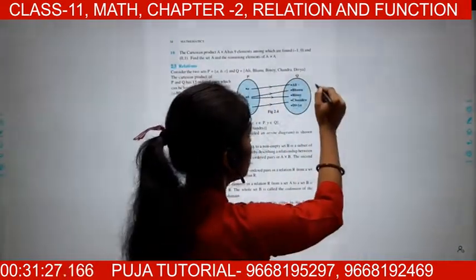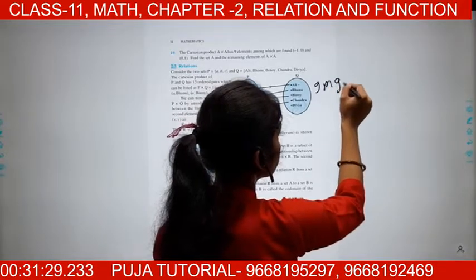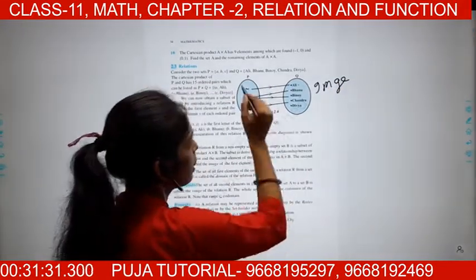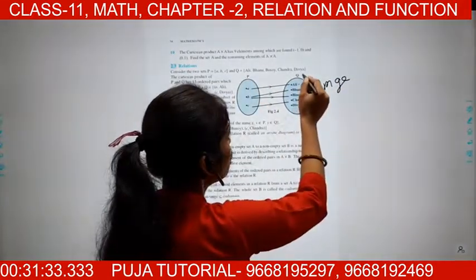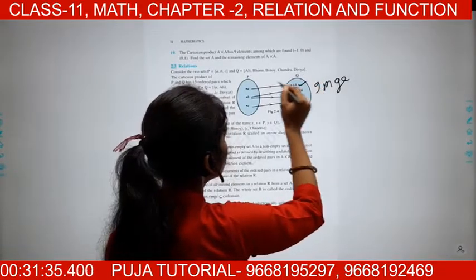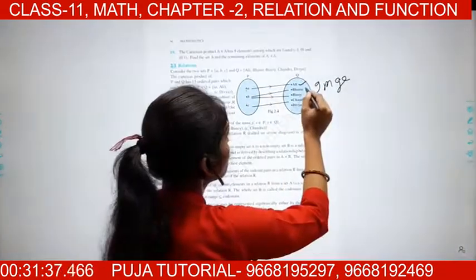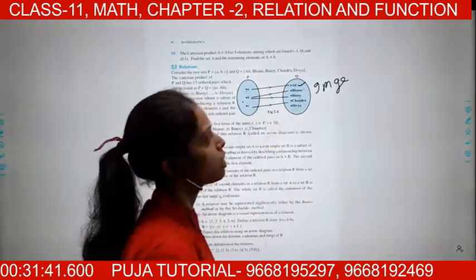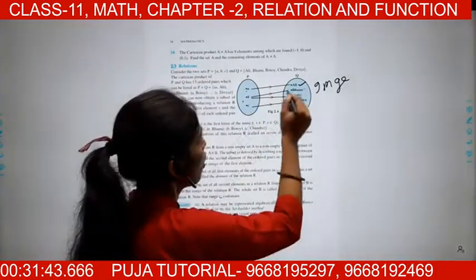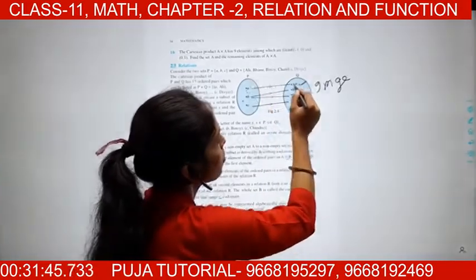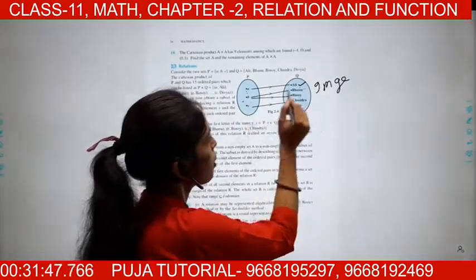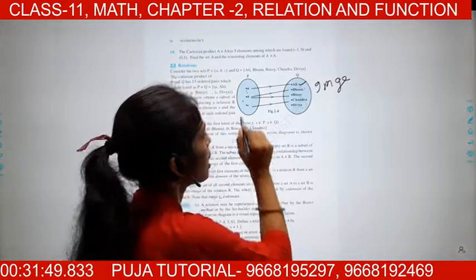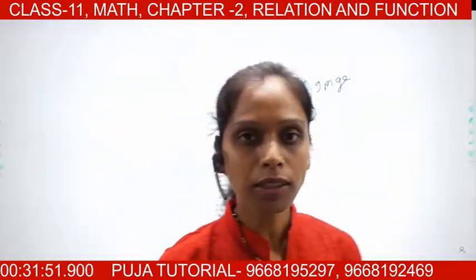This is called an image of P. Ali is the image of A, Bhanu is the image of B, Chandra is the image of C. Whereas A is the pre-image of Ali, B is the pre-image of Bhanu, and C is the pre-image of Chandra.